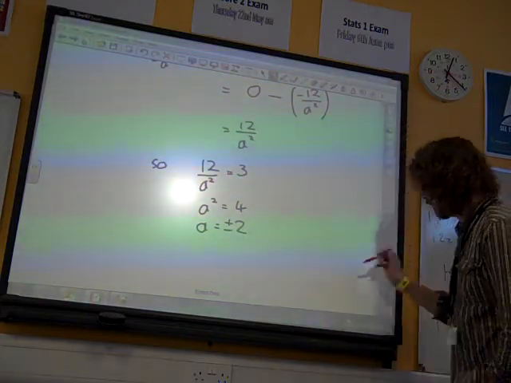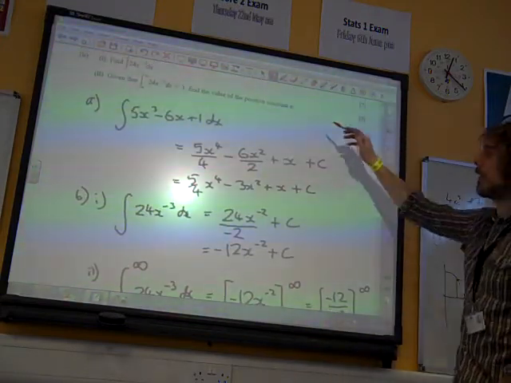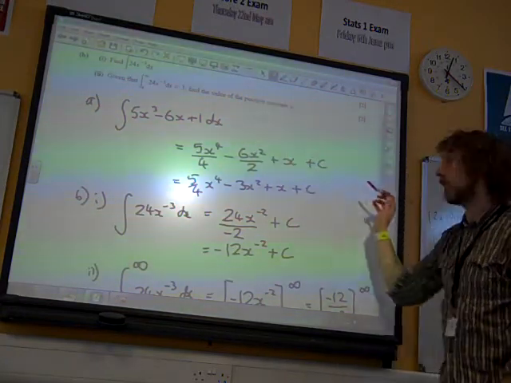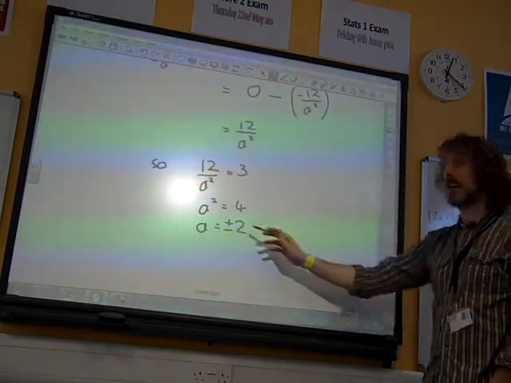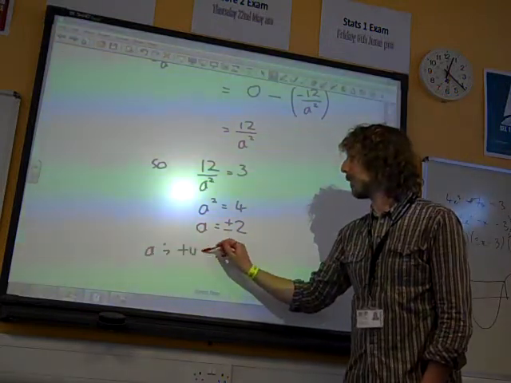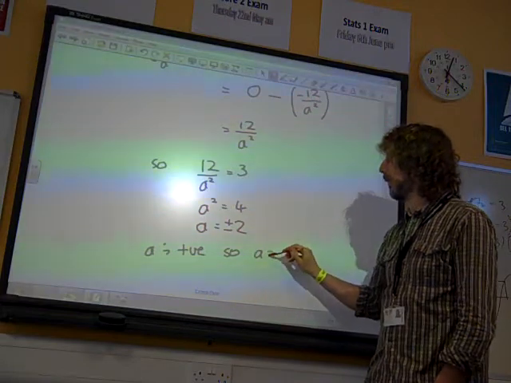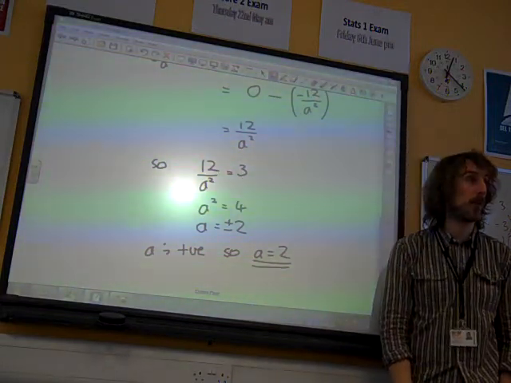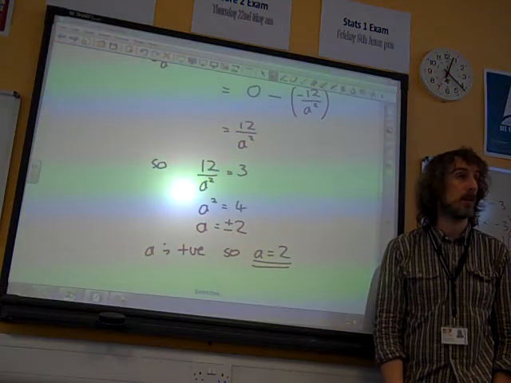But hang on, the question said, find the value of the positive constant a. So a can't be minus 2. A is positive, so a must be plus 2. We can ignore the minus 2 possibility. Okay?